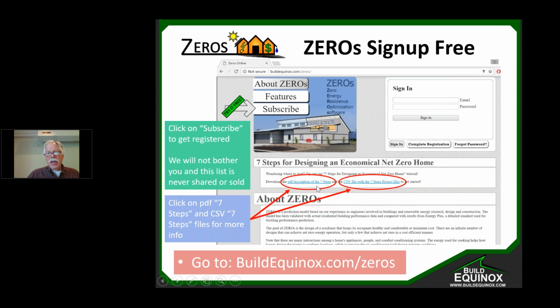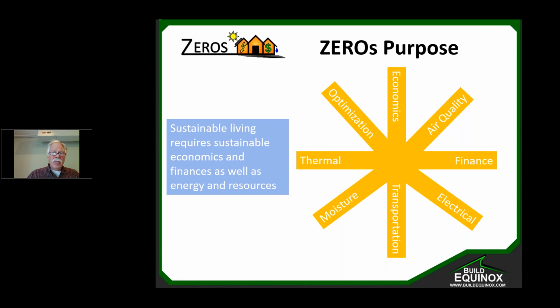You can download a PDF that has a description of a lot of the things we'll be talking about here, and a CSV file that has data files that you can import into Zeros to use, and these have the 7 steps that we'll be looking at. The purpose of Zeros is to take the complexity of all of these considerations and put them into one package.